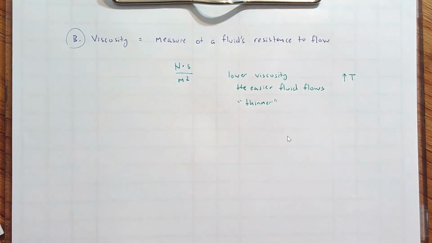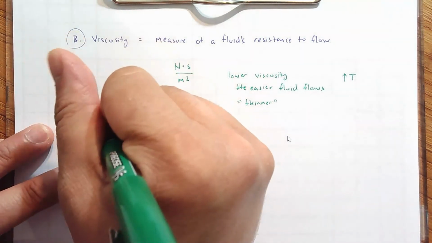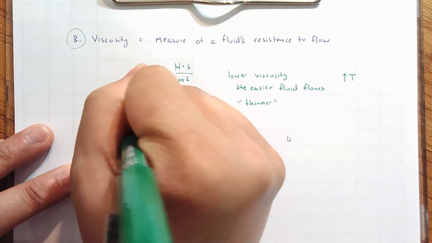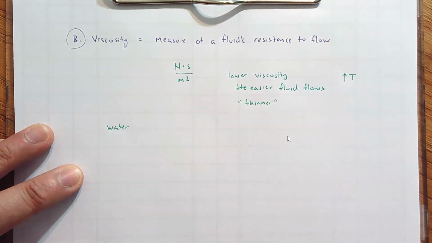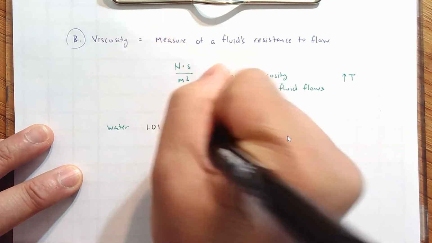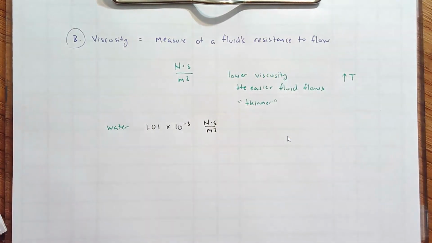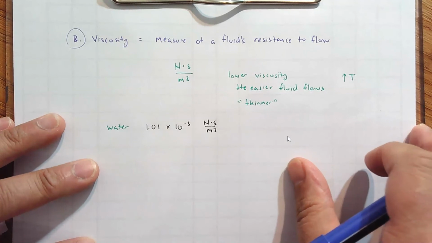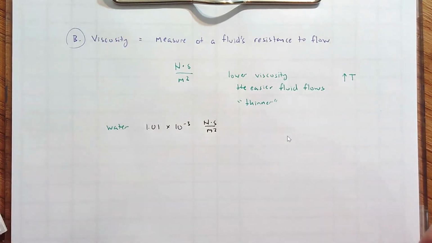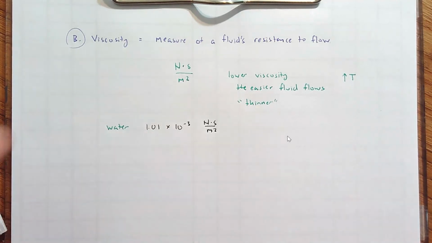Well, let me give you a couple of quantitative data. Water has a viscosity of 1.01 times 10 to the minus 3 Newton second per meter squared. I think we have some things in the house that have a lower viscosity. Paint thinner. Literally, it's thinner.